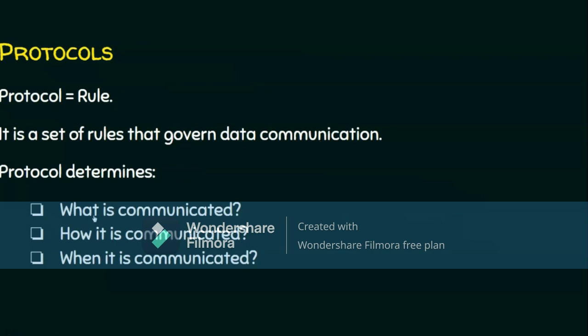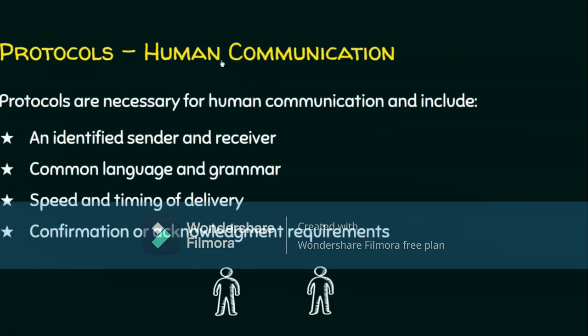Protocol determines what is communicated in the network, how it is communicated, and when it is communicated. Before going into network communication, let's talk about the protocols in human communication. In human communication, definitely there should be a sender and a receiver. There may be a single receiver or a group of receivers.